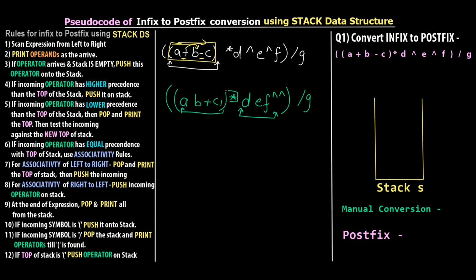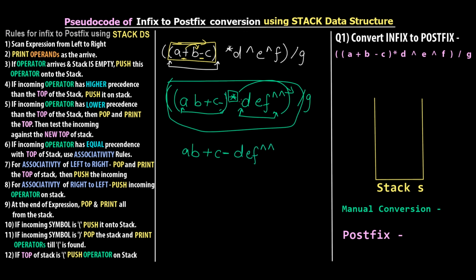So we have one last operator, that is the multiplication operator, that will come over here and this entire expression will be resolved. So we will get AB+C-, this is not 1, it is minus. Then we have DEF^^ and this star will come ahead.